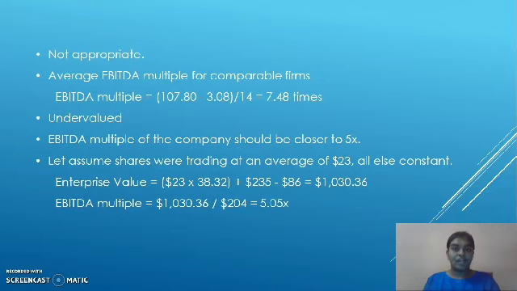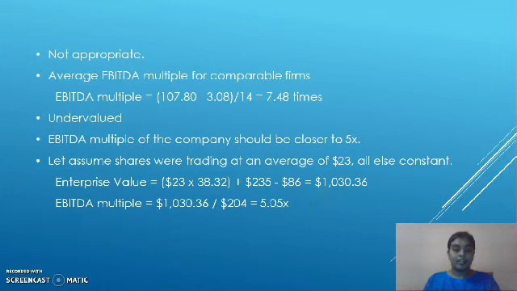First we need to get the enterprise value of American Greetings. It can be calculated by the share price of $23 times the shares outstanding of 38.38, plus total debt of $235, minus total cash of $86.